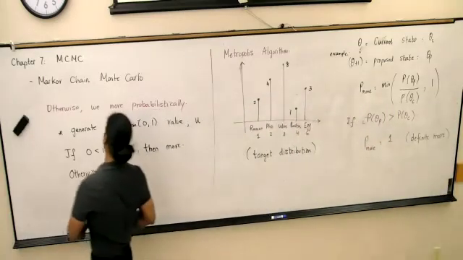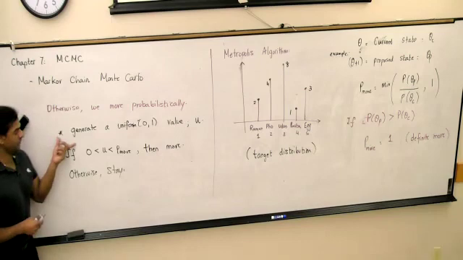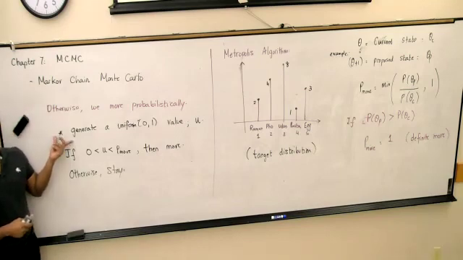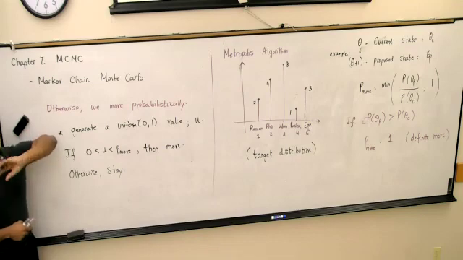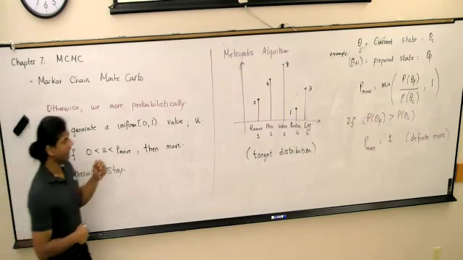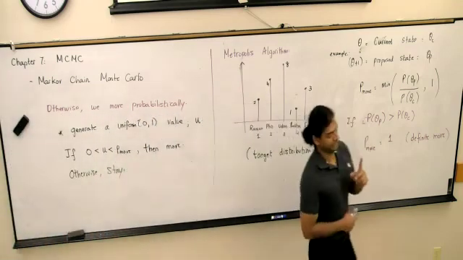Distribution, which is the target distribution. One, we should be able to generate this uniform, which we can. And we need to have a proper proposal distribution, something that will propose states properly.